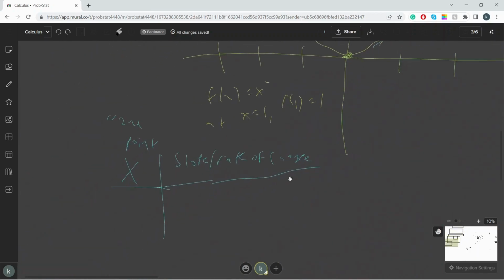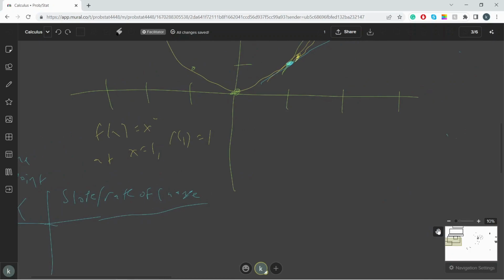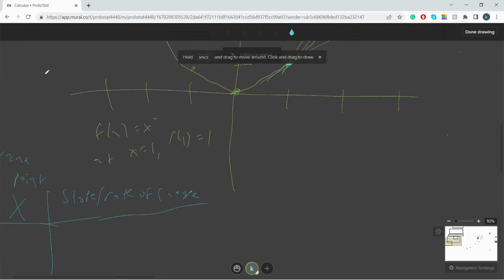So we have this second point x, and then the slope, the rate of change. I'm going to write the limit definition here for reference: the limit as x approaches c of f of x minus f of c over x minus c.